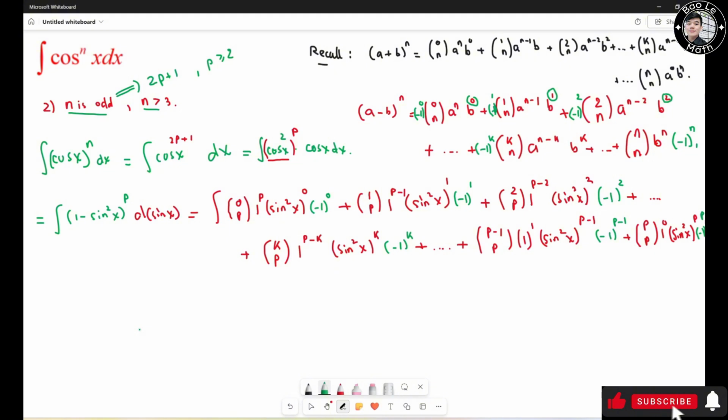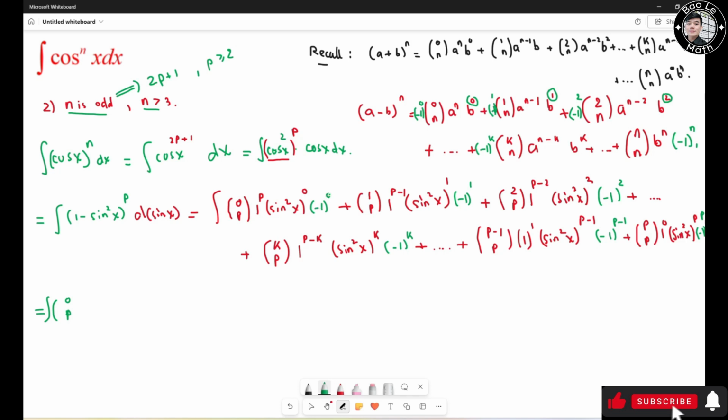Alright, so we need to simplify this. The combination of 0p, 1 raised to the power of p is going to be 1. Sine square of s raised to the power 0 is going to be 1.